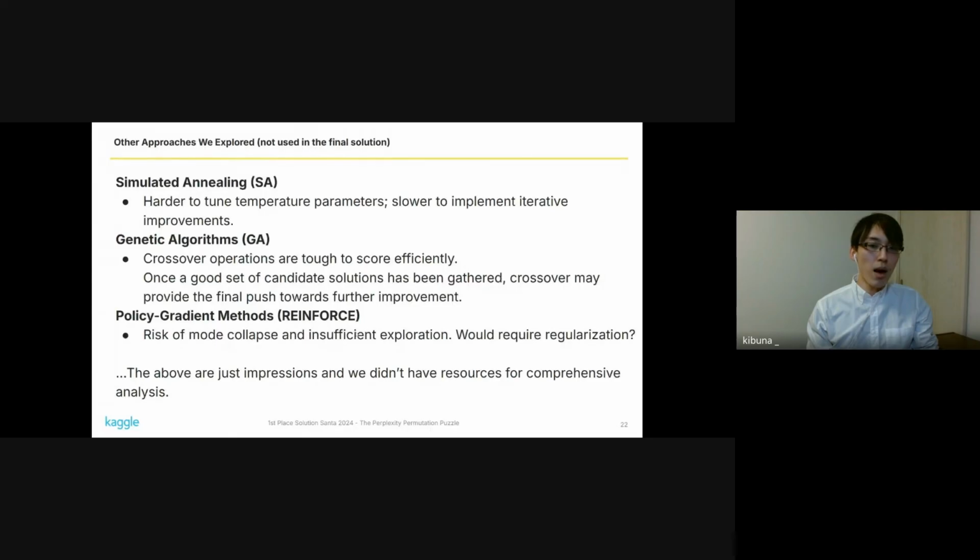Other standard optimization methods such as simulated annealing, genetic algorithms, and LinKernighan, which was introduced in the public discussion, were also tested. But we thought they did not outperform ILS in terms of search speed and adaptivity in the search method improvements. But it is so interesting to see other teams succeeded in obtaining the best scores using these algorithms.